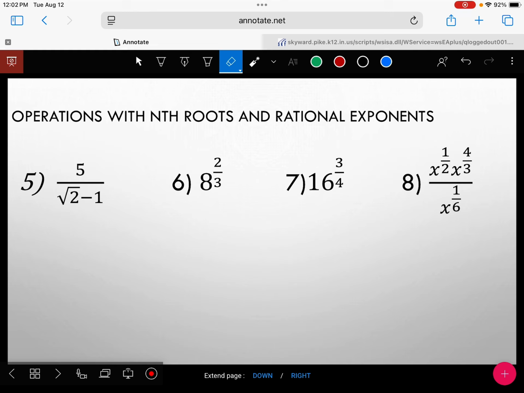All right, so just like number 4, we have to get rid of the square root. But notice the difference is this one has a minus 1 also. So here we have to multiply by the conjugate, which is exactly what we did with the i, where we have to flip the middle sign.